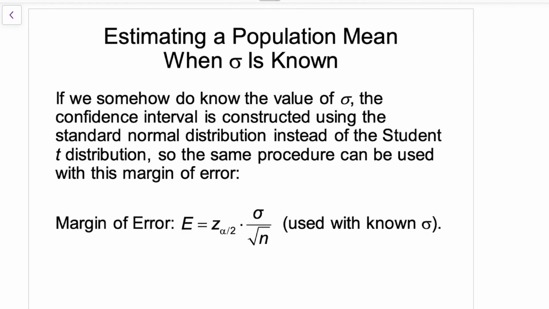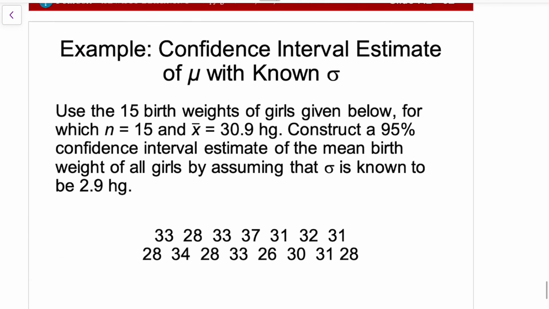Okay, we can actually estimate the population mean if our population standard deviation is known. If our population standard deviation is known, we can revert our margin of error formula back to z sub alpha over 2, so we don't need to use the student t distribution.